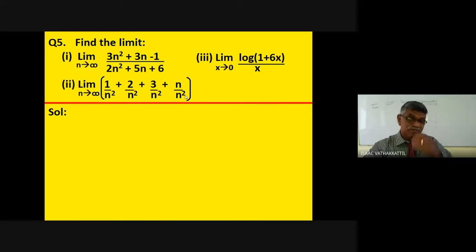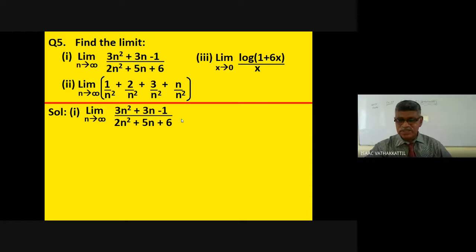Limit n tends to infinity, 3n squared plus 3n minus 1 by 2n squared plus 5n plus 6. What I do is, we have done one like that earlier, the same way. Divide numerator and denominator by n squared, the highest power of n. Dividing numerator and denominator by n squared, what do you get here?